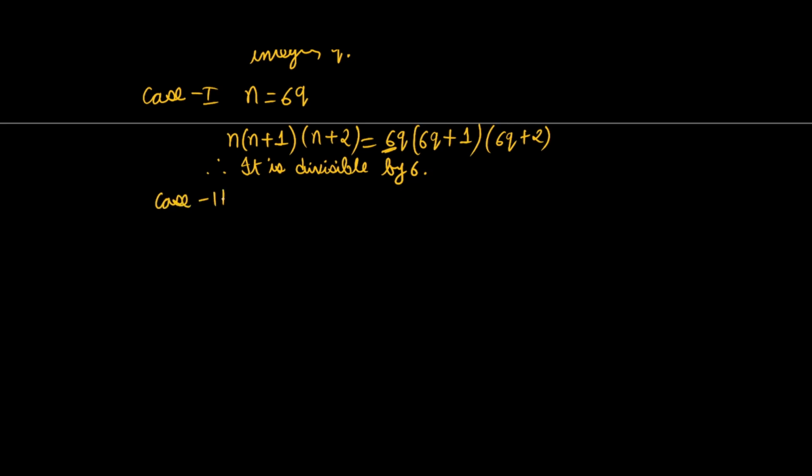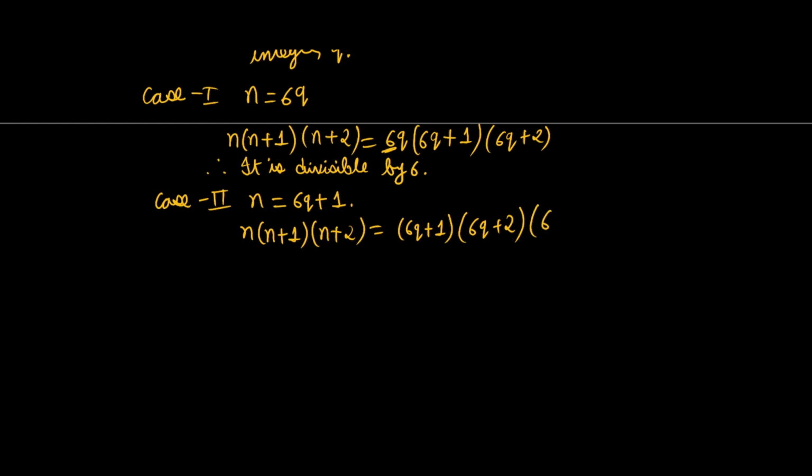Case 2. n is equal to 6q plus 1. So we will get the product n into n plus 1 into n plus 2. So we can write 6q plus 1 into 6q plus 2 into 6q plus 3. So from here we will take common. So what will be common here? Here will be 6q plus 1.